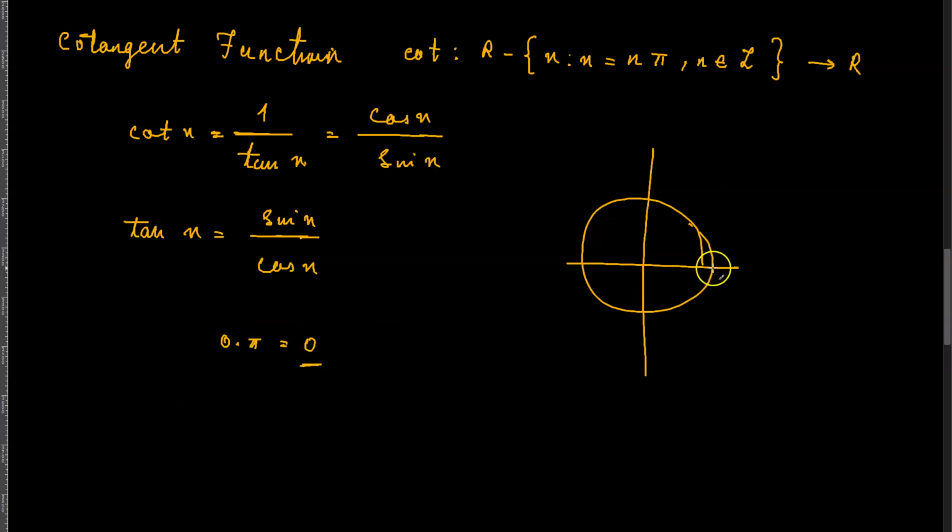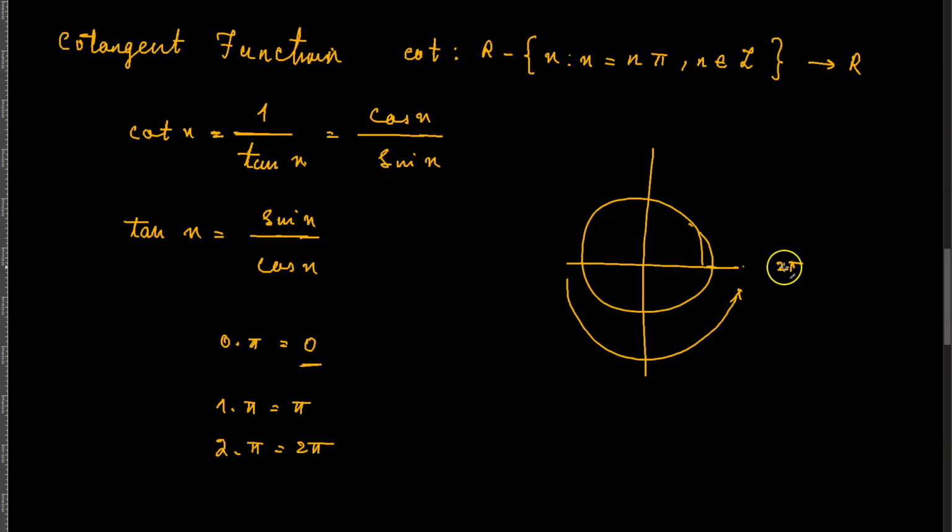And so 0 would be this angle here, and here you know that sine 0 is equal to 0. Then when you get to pi, again sine pi is equal to 0. So that would be 1 times pi is equal to pi. Then if you multiply pi by 2, you will get 2 pi, which gets you here, and the sine of 2 pi, of course, again is equal to 0.